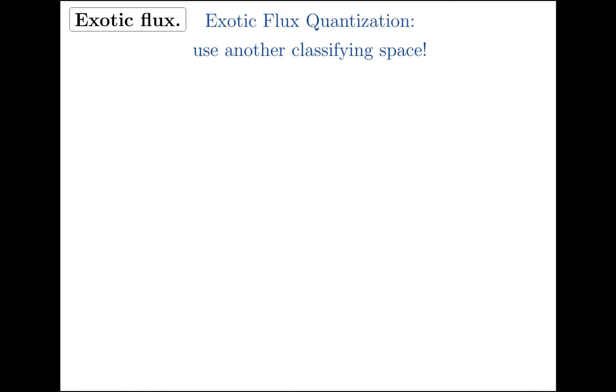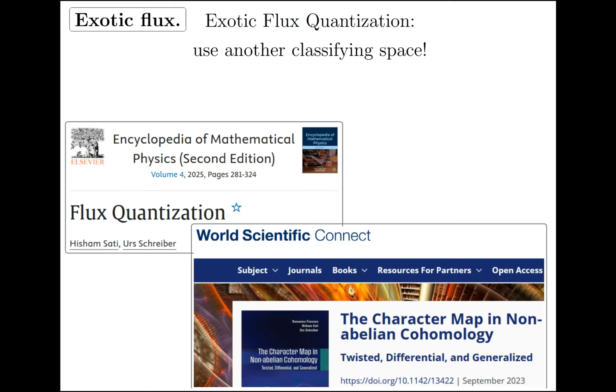So, given that I introduced, or recalled, this definition of flux quantization in terms of classifying space, it turns out that now it's actually easy to generalize. That is the golden road to generalizing flux quantization. We work with classifying spaces. Namely, once we've formulated all magnetic flux quantization with a classifying space, we can just think about changing that classifying space to pass to exotic quantization laws.